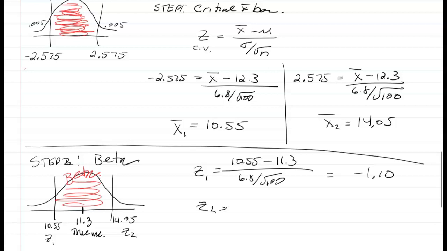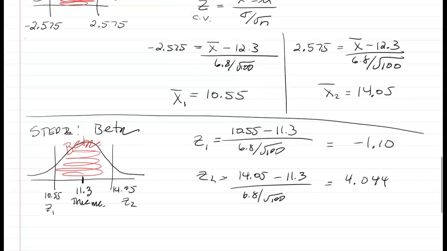And for X bar 2, same thing, but now use the 14.05 minus 11.3 over the same denominator. And you get approximately, I did the math really quick, so some of these numbers could be off a little bit, I apologize for that, 4.04.